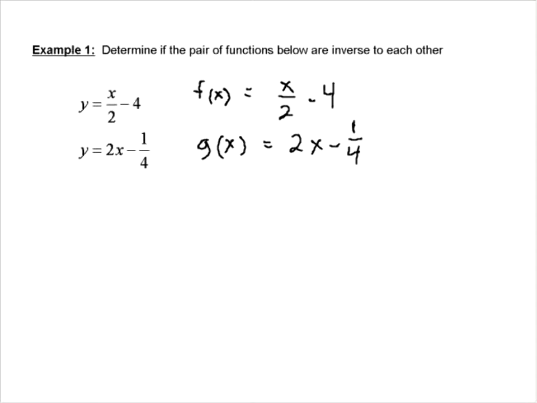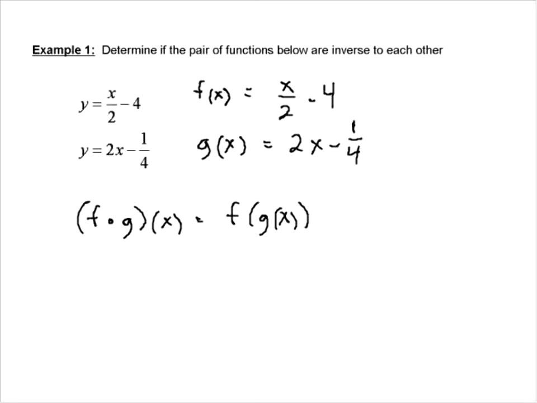So recall, if these are inverses of each other, if we do f of g of x, meaning we take the function f and everywhere there's an x we replace it with g of x, this has to equal x.